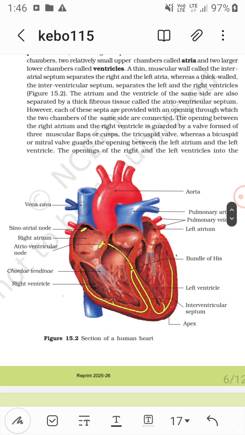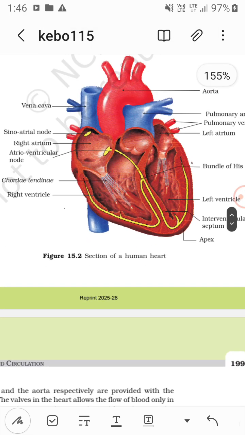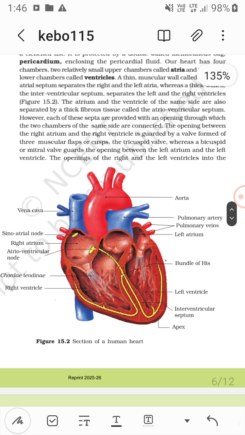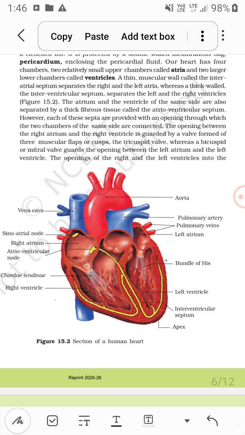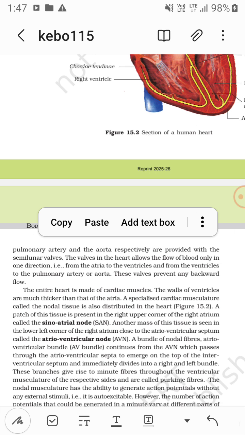As you can see, SA node, then AV node, then AV bundle, then bundle of His, then Purkinje fibers. The openings of the right and left ventricles into the pulmonary artery and the aorta respectively are provided with the semilunar valves. Now these valves prevent any backward flow, right?